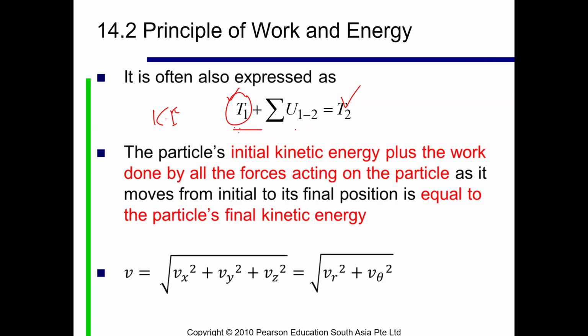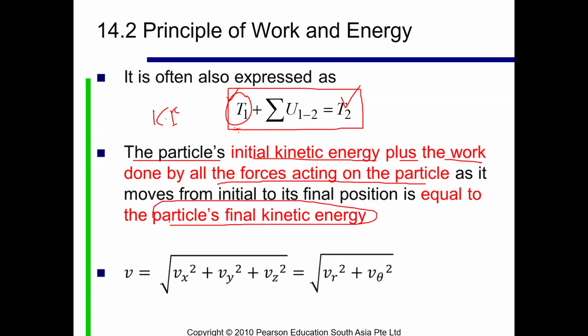The principle says the particle's initial kinetic energy plus the work done by all the forces acting on the particle as it moves from the initial to its final position is equal to the particle's final kinetic energy. The relationship of initial and final kinetic energy with respect to work done is established using this equation.